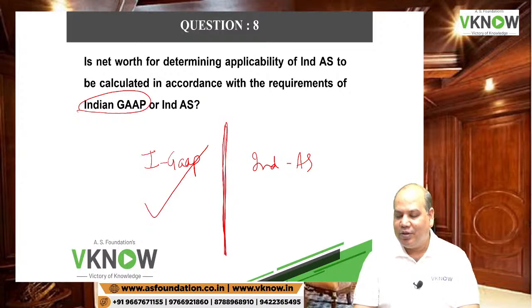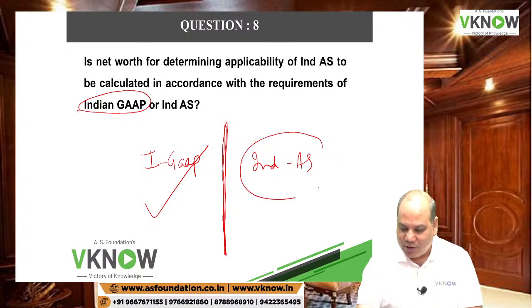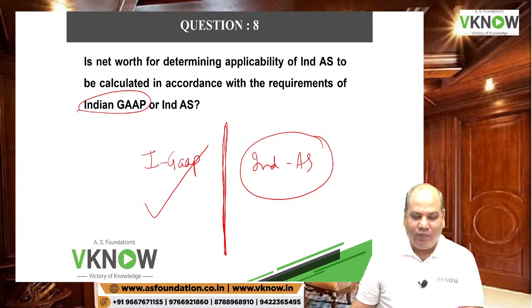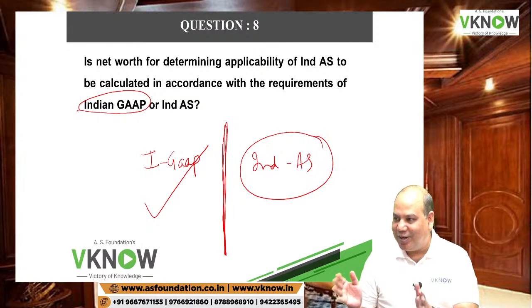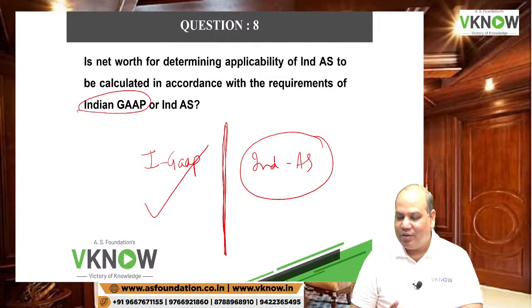Why? Our books of accounts are not prepared on the basis of Ind AS. If I have to calculate as per Ind AS, first I have to do the accounting as per Ind AS. But I was never following Ind AS.